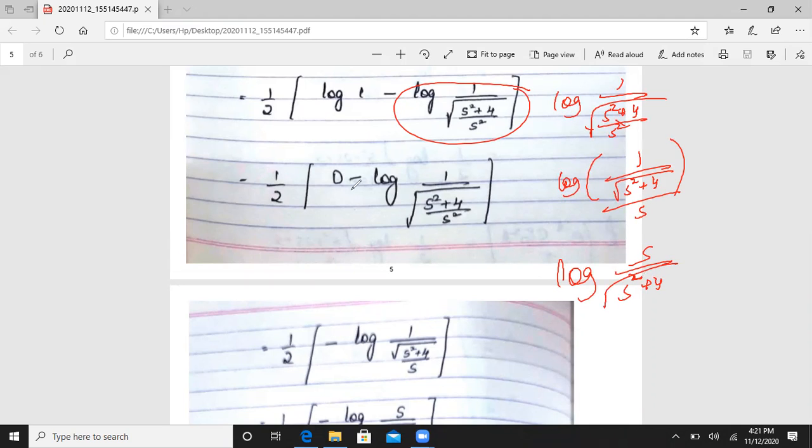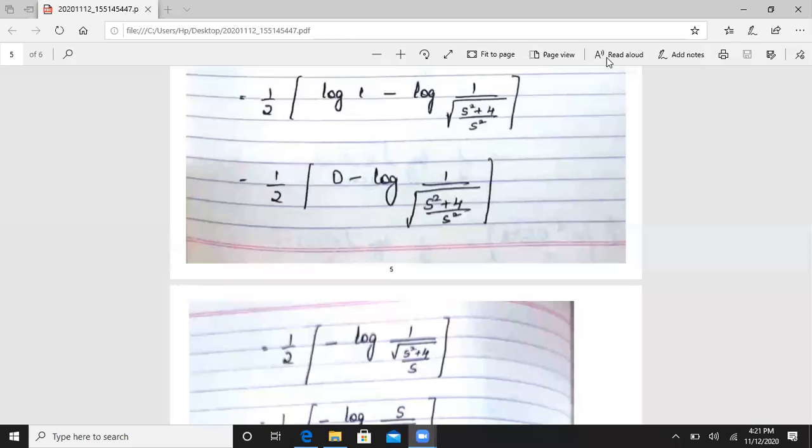So the minus function as it is: log of 1 becomes 0, and minus log of 1 divided by s square plus 4 divided by s square, this function will get cancelled, that means 1 by 2 into minus log of 1 divided by under root s square plus 4 divided by only s.